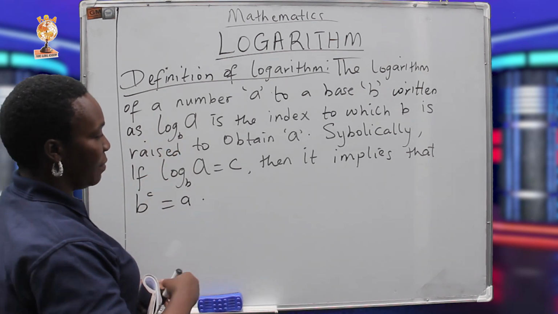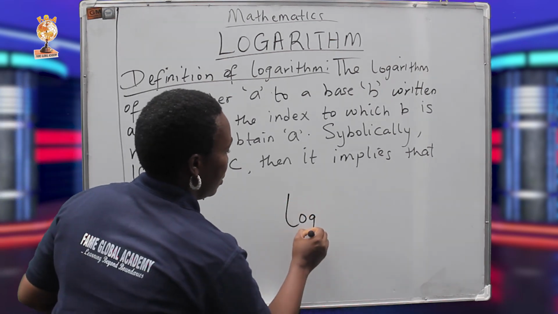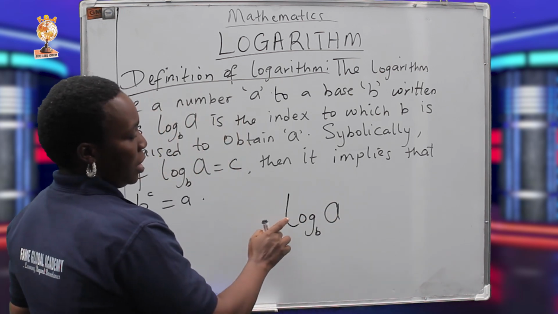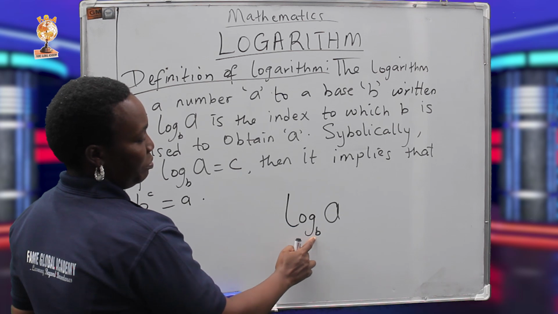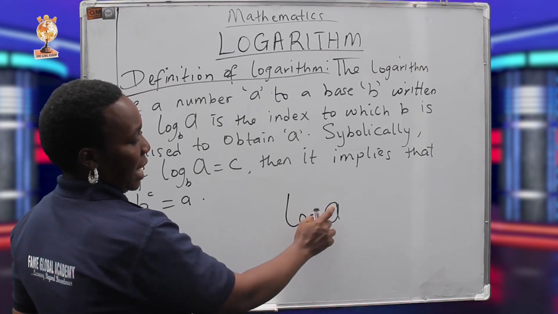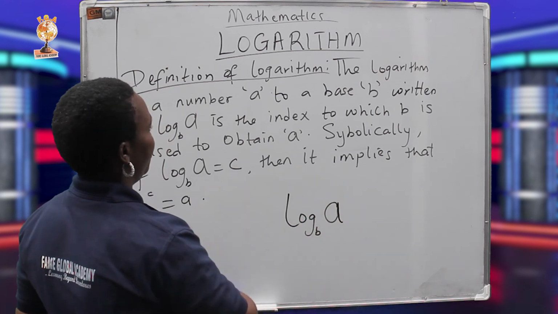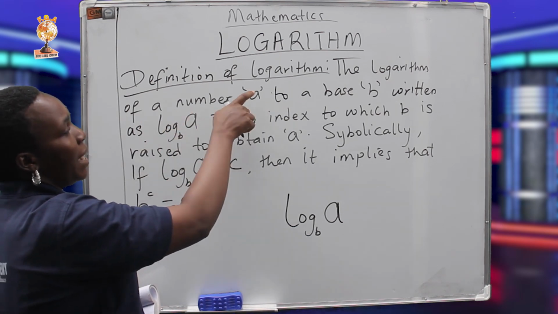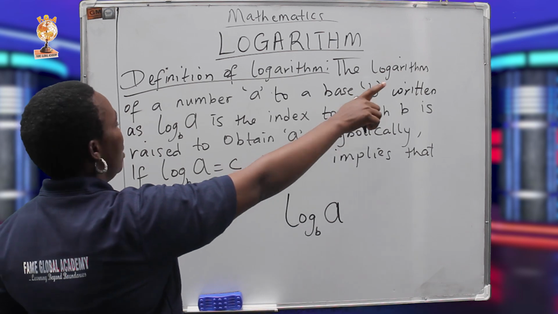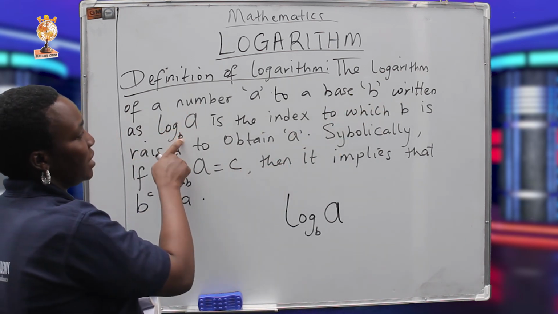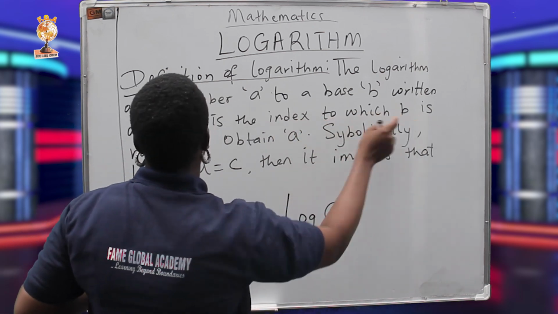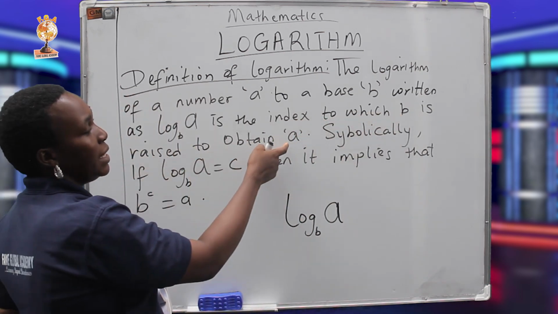So if you see something like this, log a base b, this is the base and this is the logarithm itself, okay? So the logarithm of a number a to a base b, written as log a base b, is the index to which b is raised to obtain a.